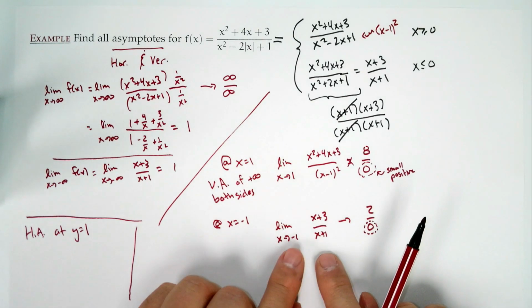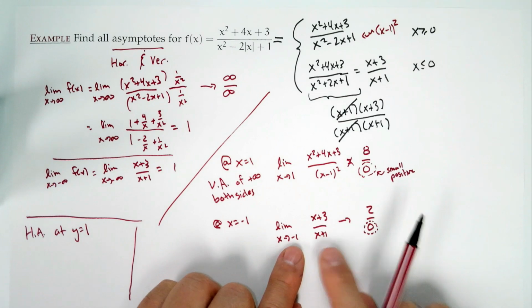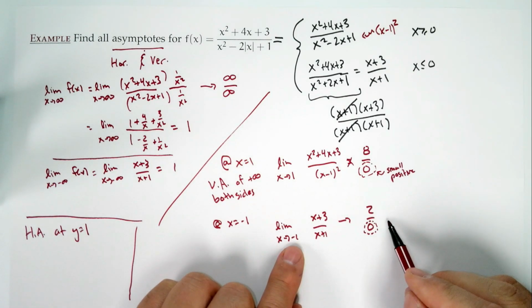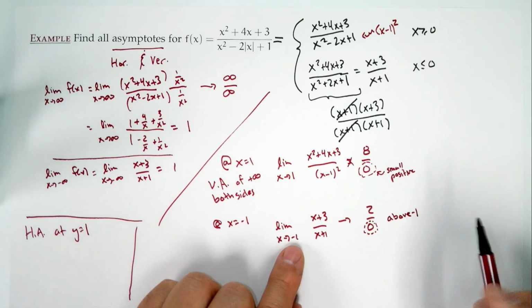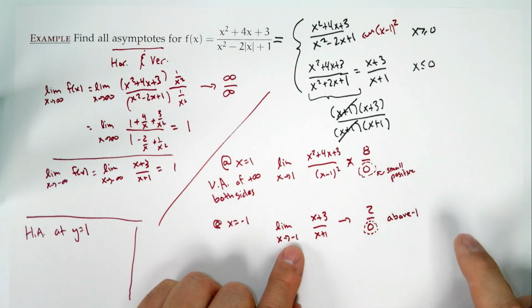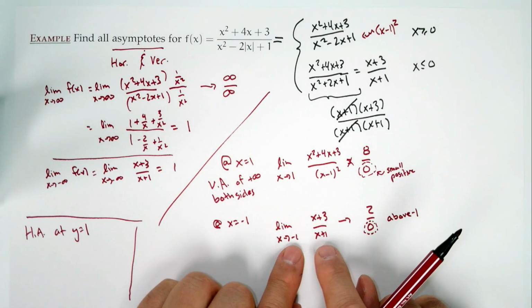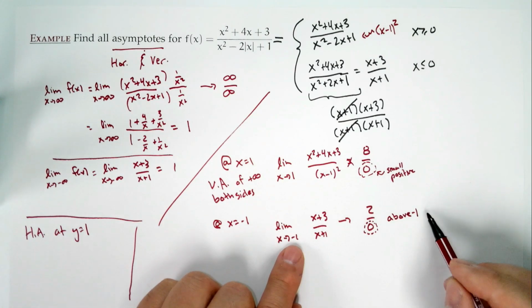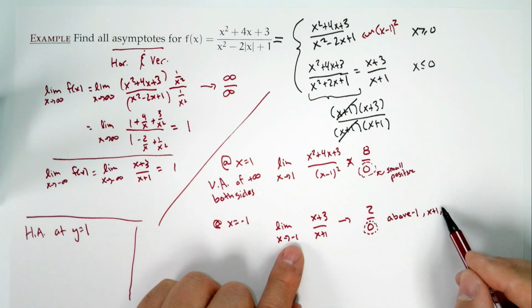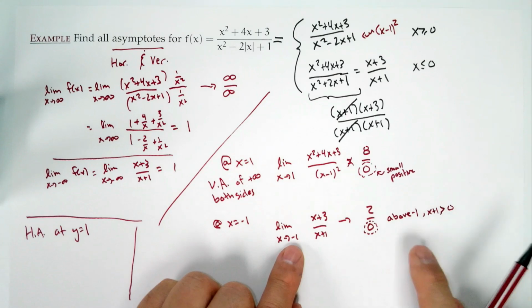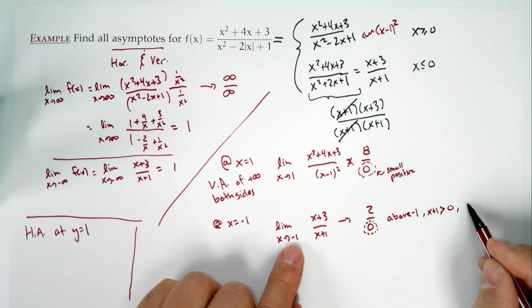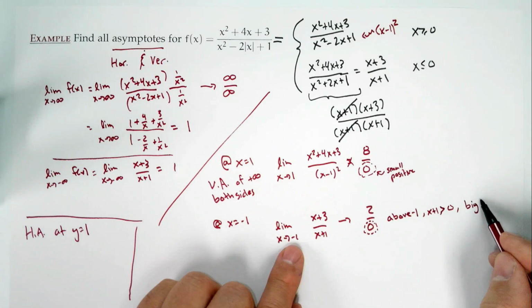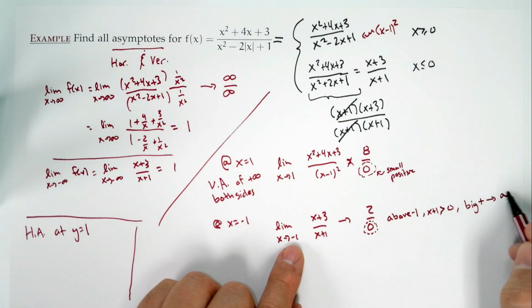So let's suppose for a second I look at x plus 1. So if I'm above negative 1, in other words, a larger value than negative 1, then x plus 1 will be positive. So now I'm dividing by a small positive number, so the result is a big positive, and so it's going towards infinity.